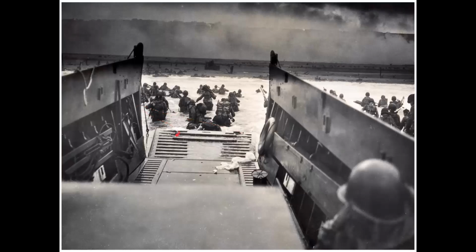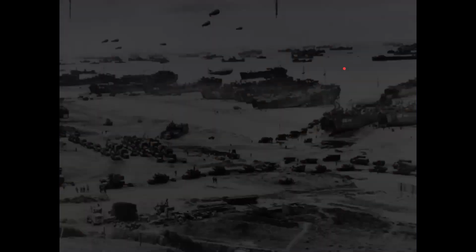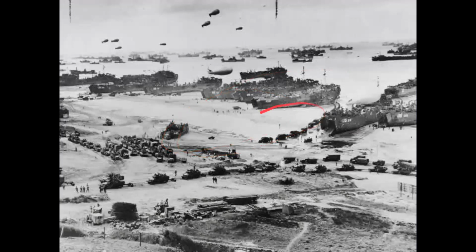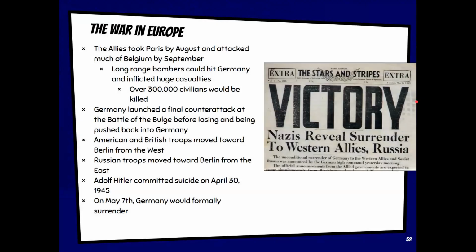Here you can see some soldiers on D-Day getting off these Higgins boats at the beach. I believe this is at Omaha Beach. And then here you can see just how many ships are unloading men and tanks and trucks, all to fight the Nazis.